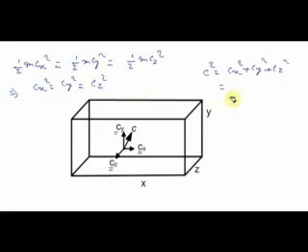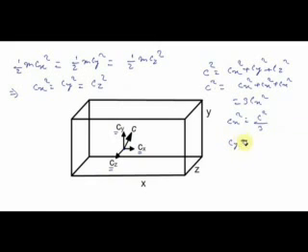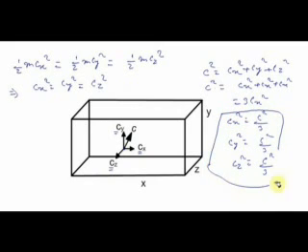Now cx is equal to cy is equal to cz, so we can write that c square is equal to cx square plus cx square plus cx square, or 3cx square. So we have cx square is equal to c square by 3. Similarly, we'll have cy square is equal to c square by 3, and cz square is equal to c square by 3. So we need to keep this result in mind.